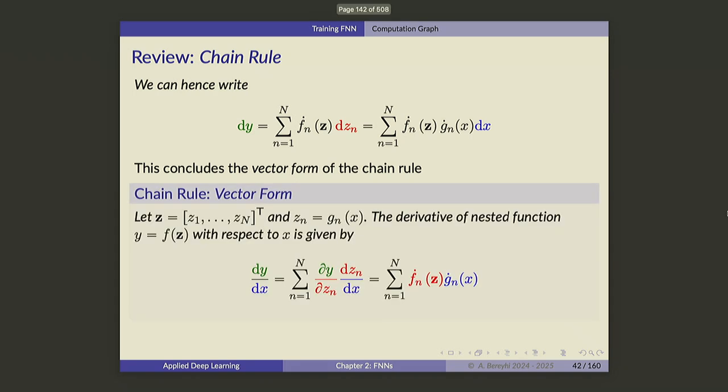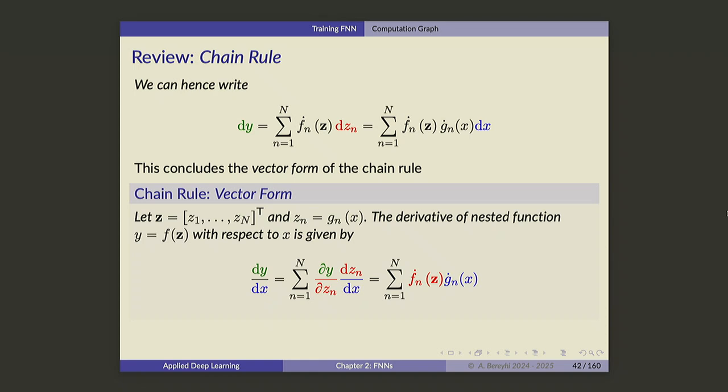So how you can express it, you could say that, okay, if I have this multidimensional function which has n different variables, and I want to know the change or derivative of y with respect to x, I could start with the arguments inside the function, right? Because y is given as a function of z.